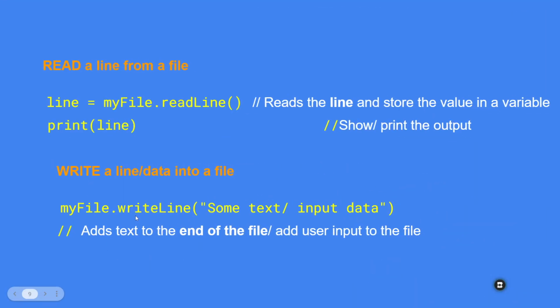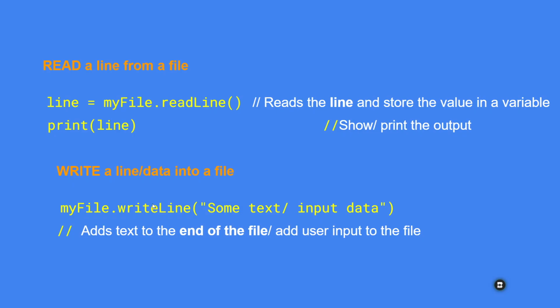My file dot write line, small letter W, capital letter L. And then inside the brackets, whatever information you're writing, some text, any input data, or whatever you're doing. When you're doing this, the text is added at the end of the file, and the end of the file keeps being added to whenever you run this code.